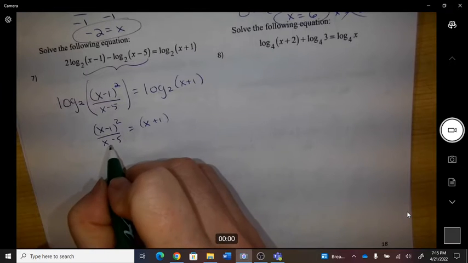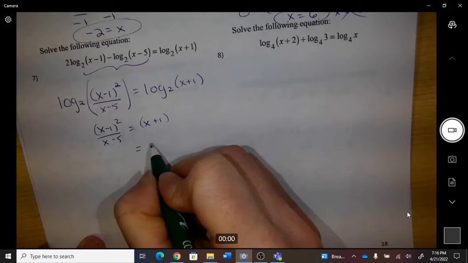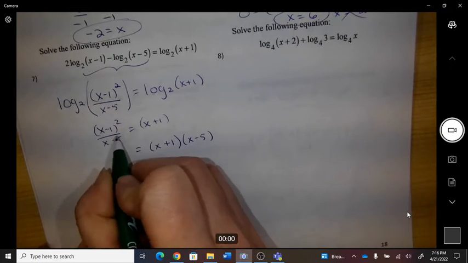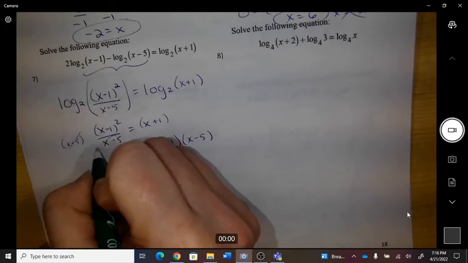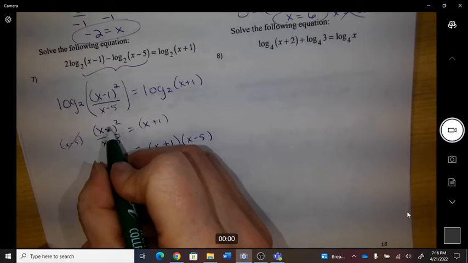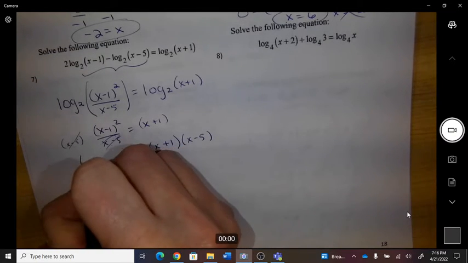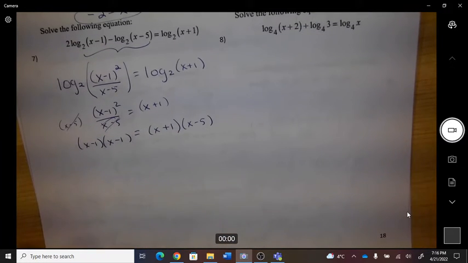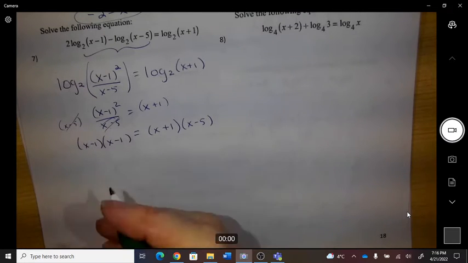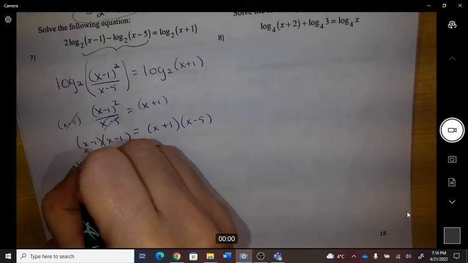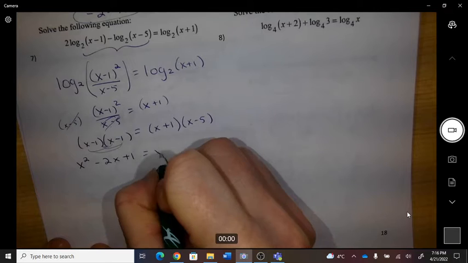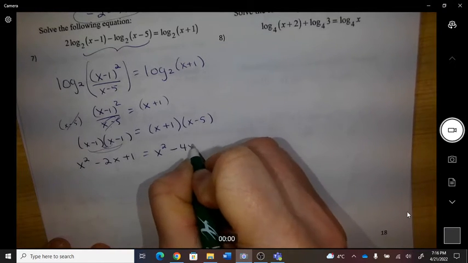Okay, so now I'm going to times both sides by x minus 5, which would get rid of that. And I'm going to square that, and it's going to create a doubled multiplication, right? So now I'm going to FOIL both sides. X squared minus 2x plus 1, x squared minus 4x minus 5.